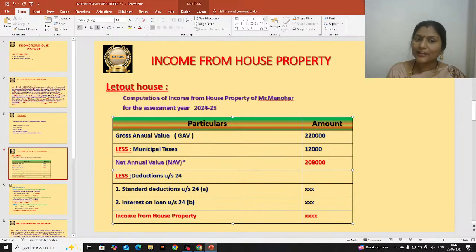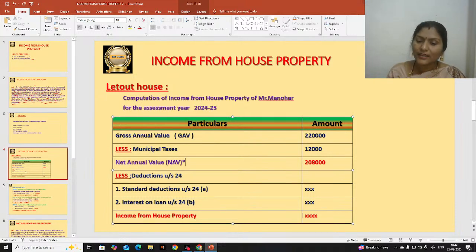Under this we are going to give some deductions under section 24. How many deductions are there? 2 deductions. First one is standard deduction under section 24A. Standard deduction is also known as statutory deduction. How much percentage is it? Always 30% on NAV.